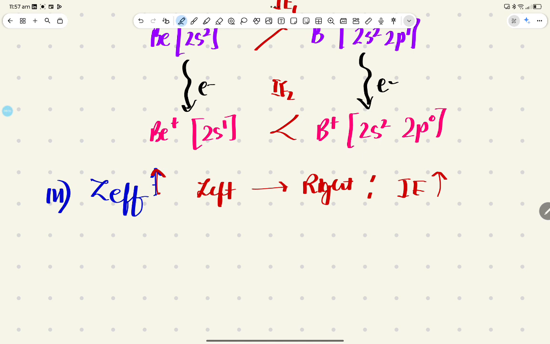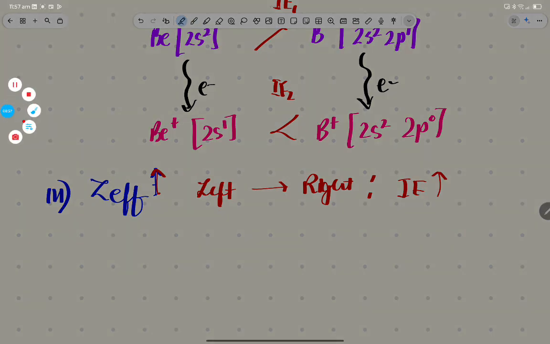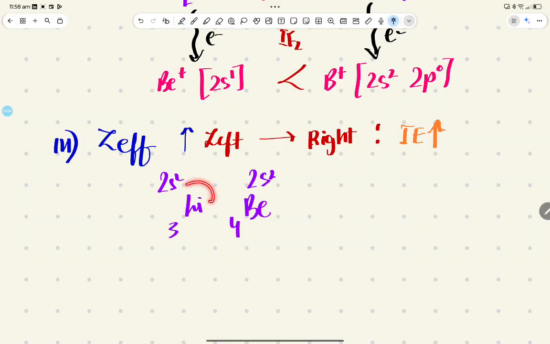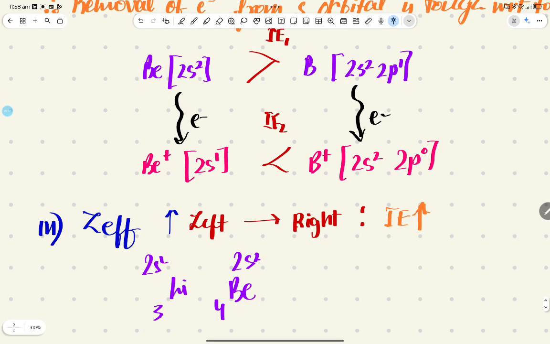You will require more energy where the Z effective is more. Where the force of attraction is more, you will require more energy to get the electron out of the atom. Let's compare both of them. Lithium, beryllium. Here the Z effective in this case is more, and in this case it's less, and so is the ionization energy. You require more energy to get the electron out from beryllium.